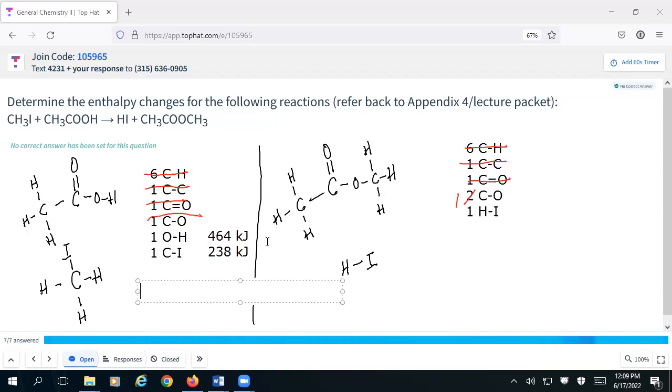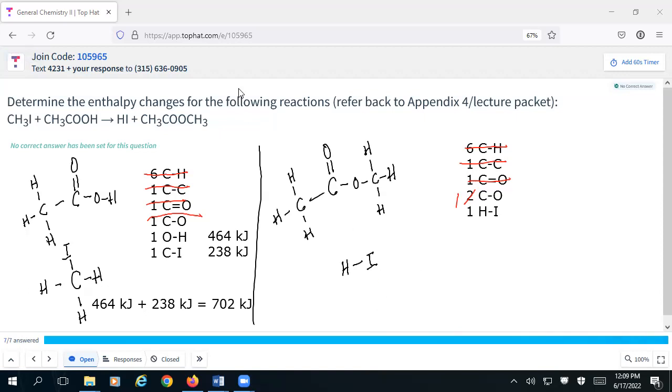Add those together. We get 702 kilojoules. So that's our stuff on the reactant side.